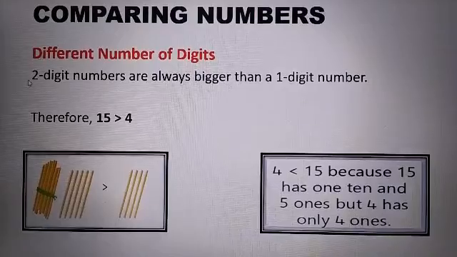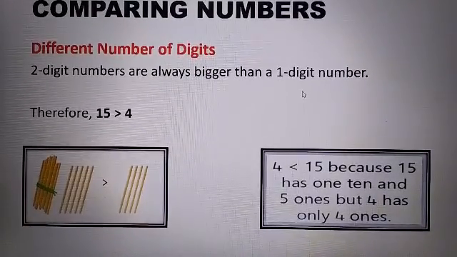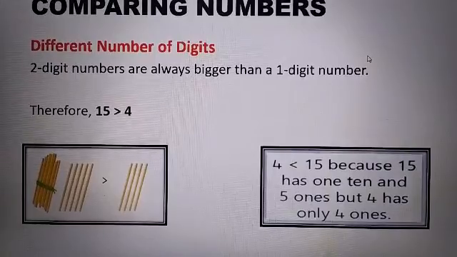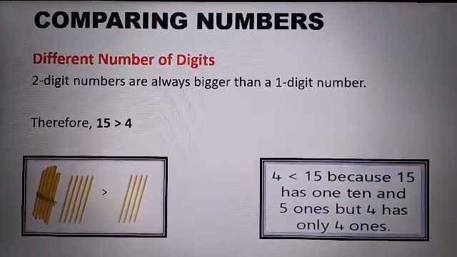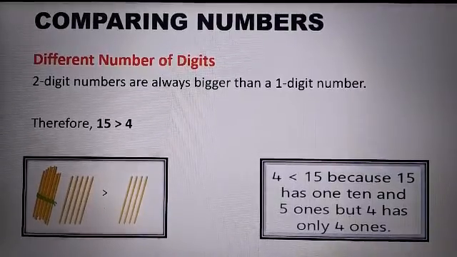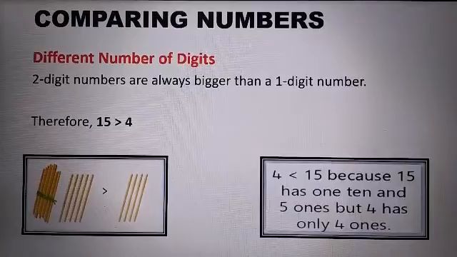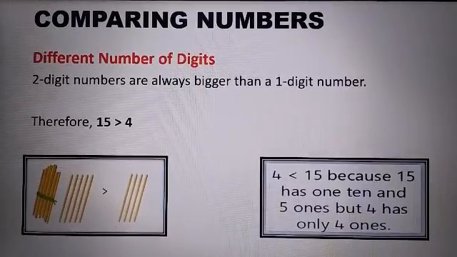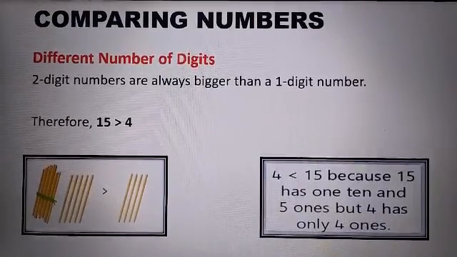So we all know that a 2-digit number is always bigger than a 1-digit number because from 0 to 9 we have 1-digit numbers, whereas 10 is a 2-digit number. 10 is greater than 9. So 10 is bigger.